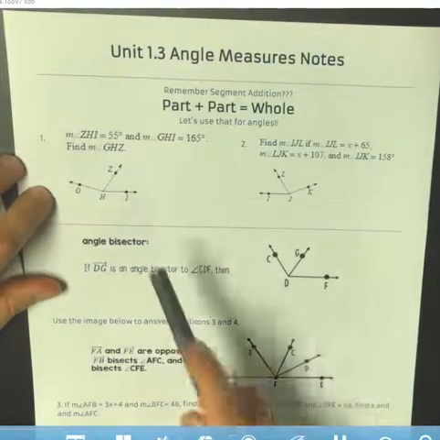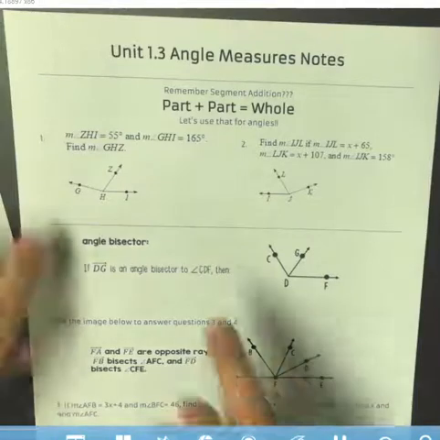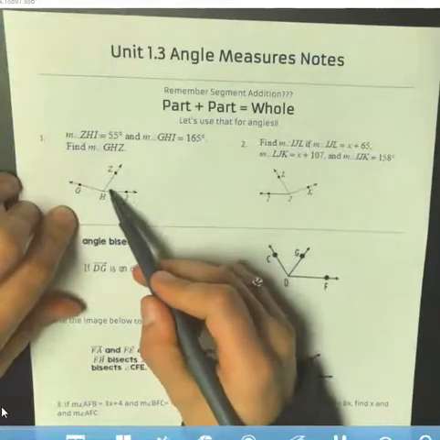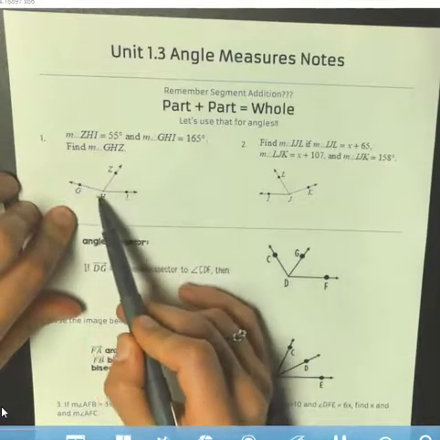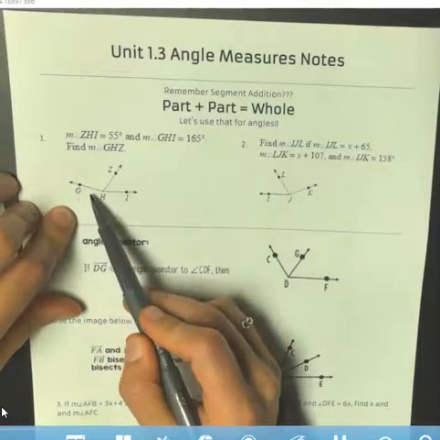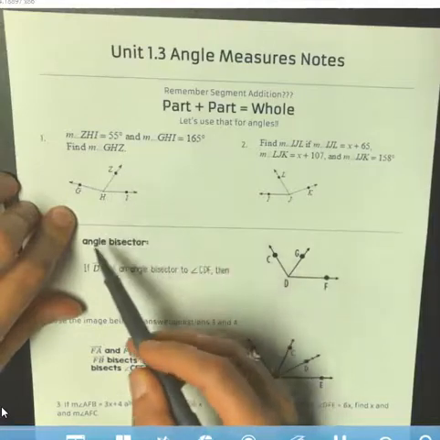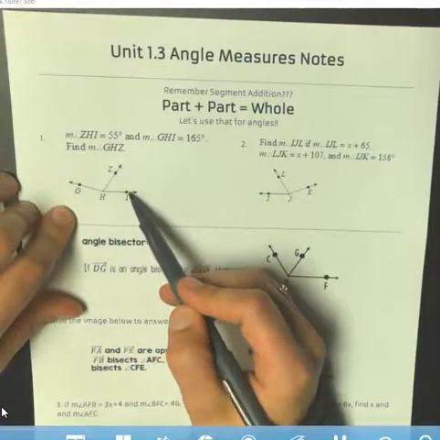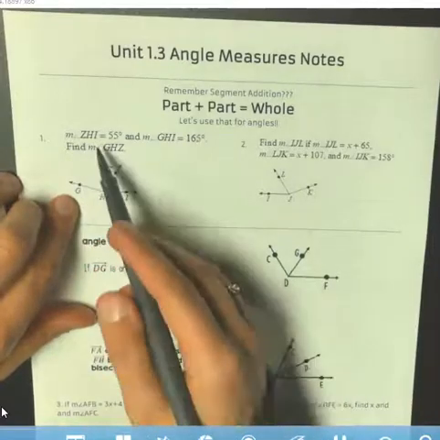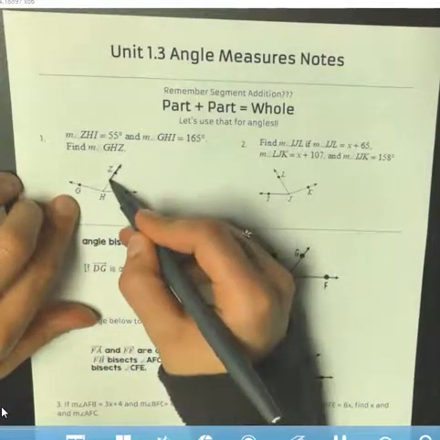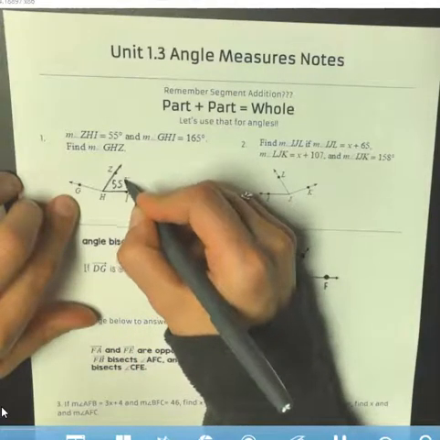Okay, so next we're going to go ahead and add some angles. A part of one angle plus a part of another angle can equal this whole angle right here. So angle GHI equals angle GHZ plus angle ZHI. So right here it says measure of angle ZHI, that's this one right here, is 55 degrees.